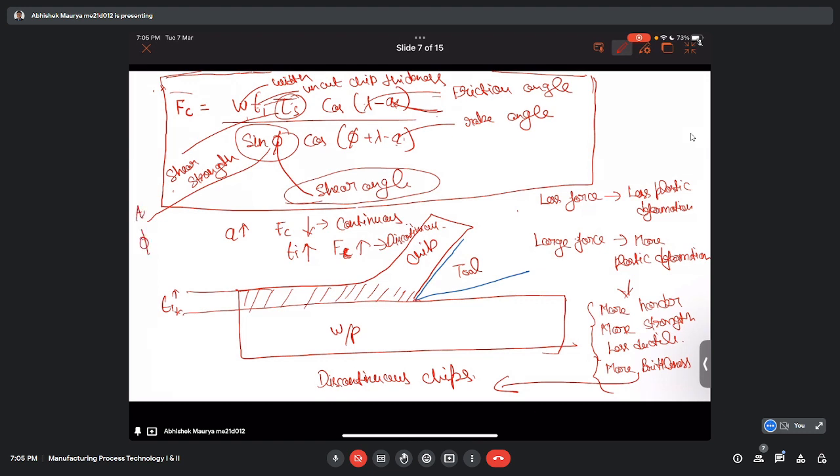Assumption: phi is more or less constant even if we change the rake angle. Phi is not affected much by alpha.